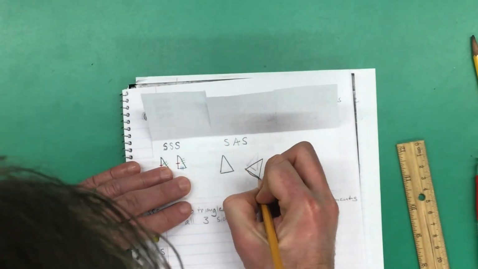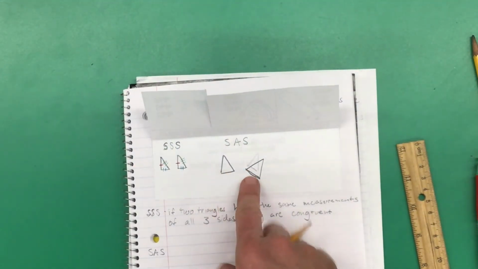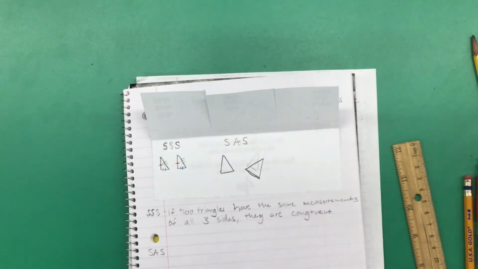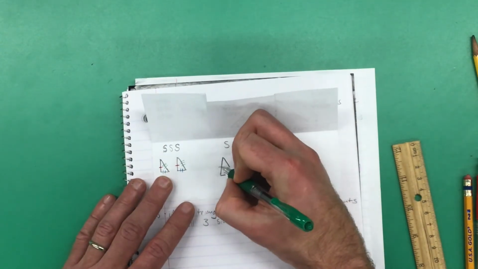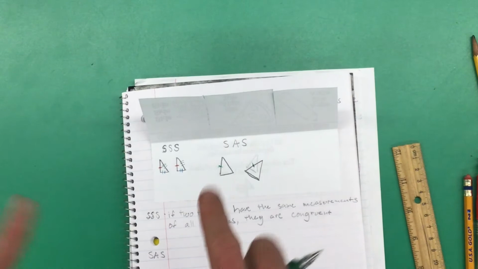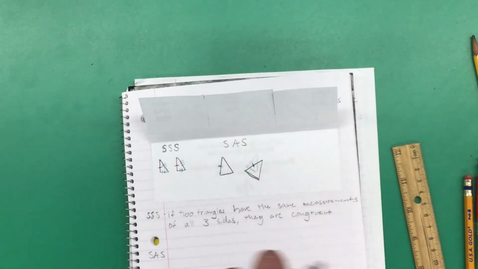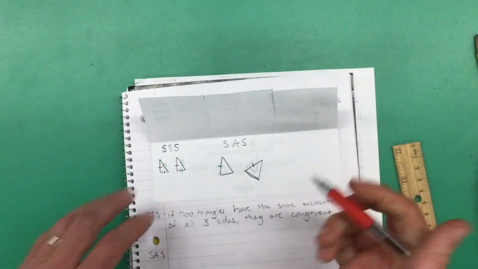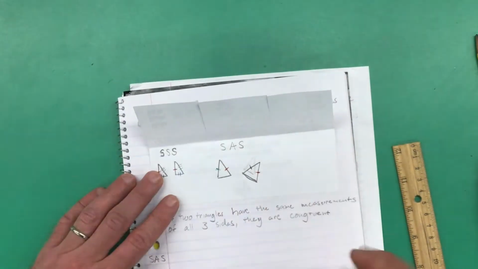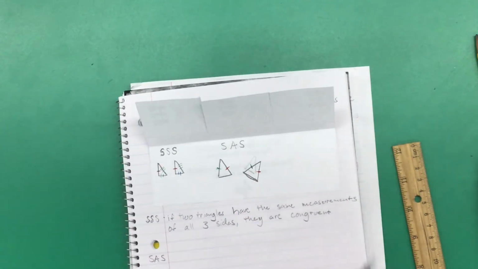So I made 2 triangles here, but they're turned in different ways. And the way that we can tell that these are the same is if these two sides with the little green mark are the same length. Then these two sides with the red mark are also the same length.